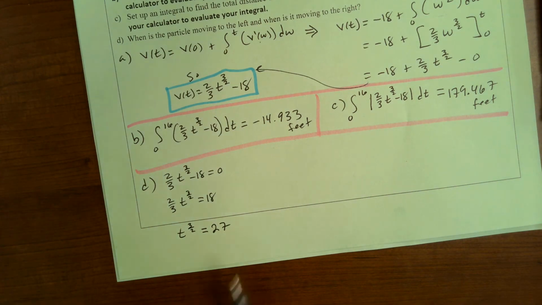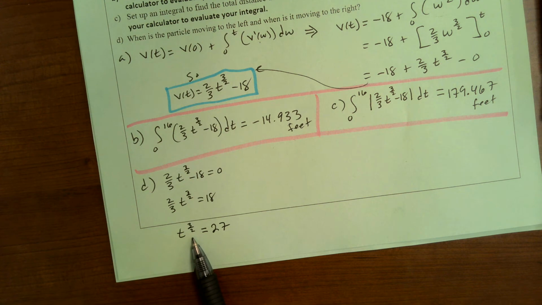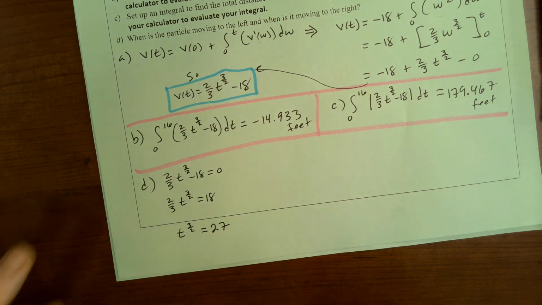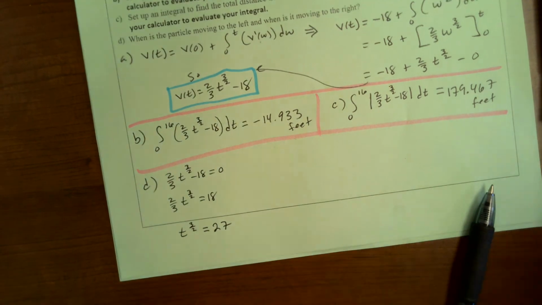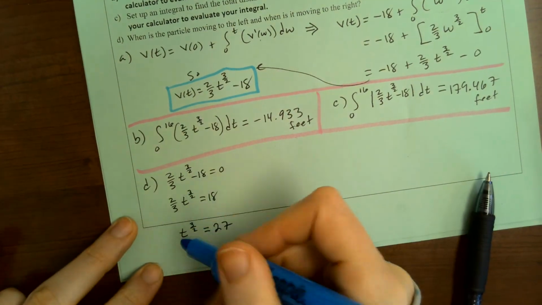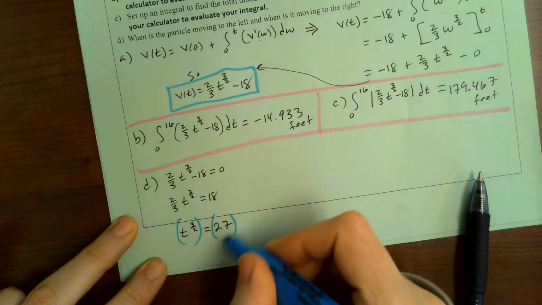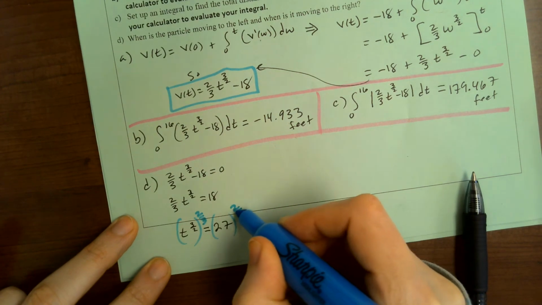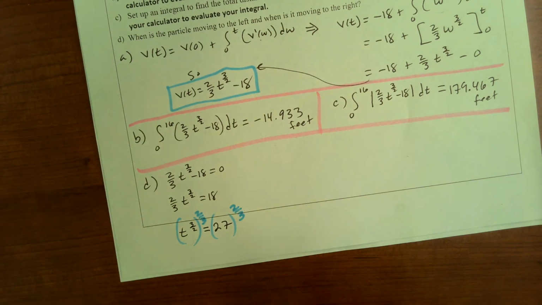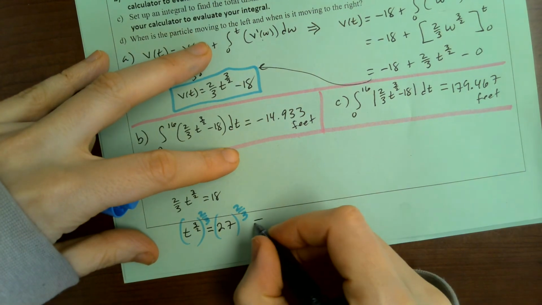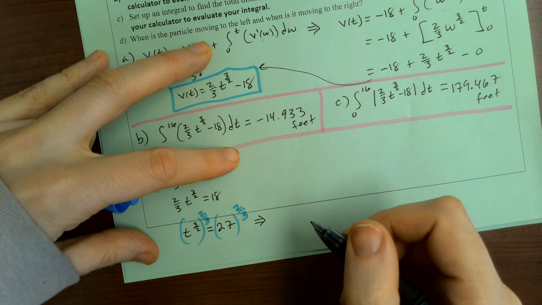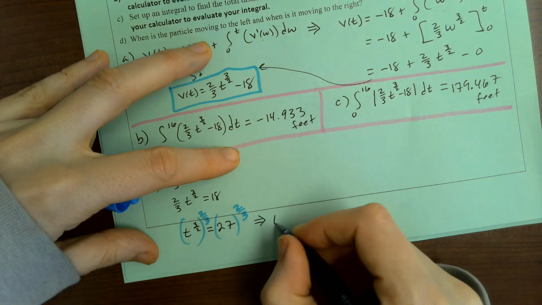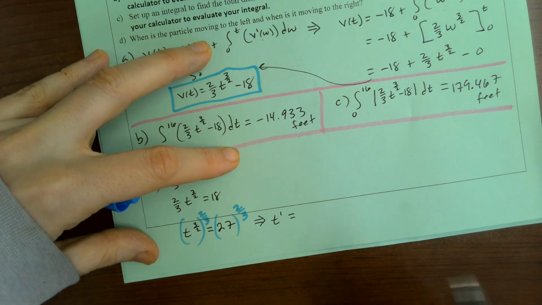All right, now, how do you cancel out a 3/2? Like this, okay? I'm going to raise both sides of this equation to the reciprocal of 3/2, so to the 2/3. What's 3/2 times 2/3? That's 1. So over here, we just end up getting t to the 1st equals, now I'm doing this without a calculator.